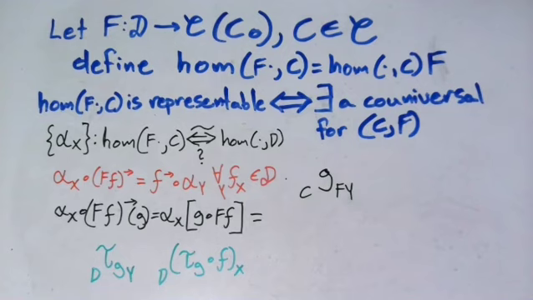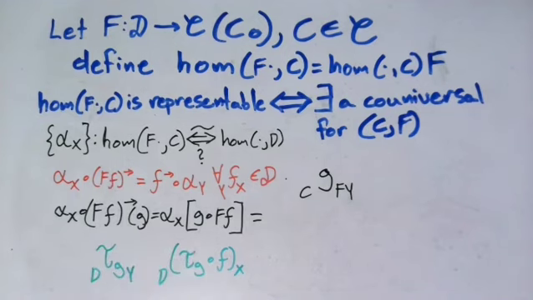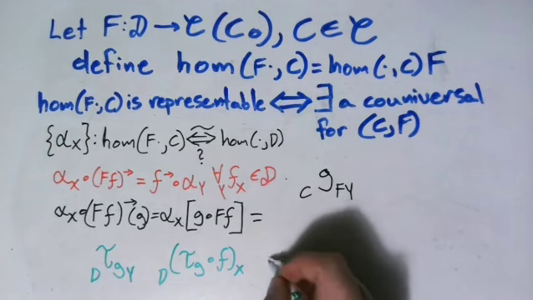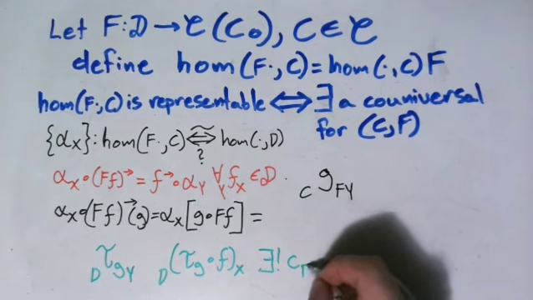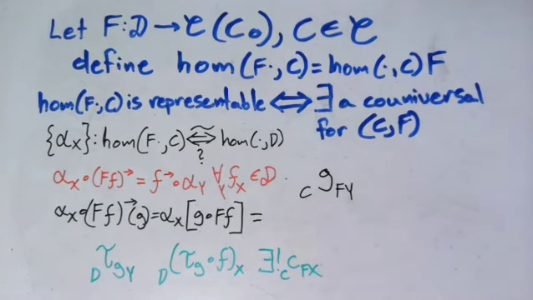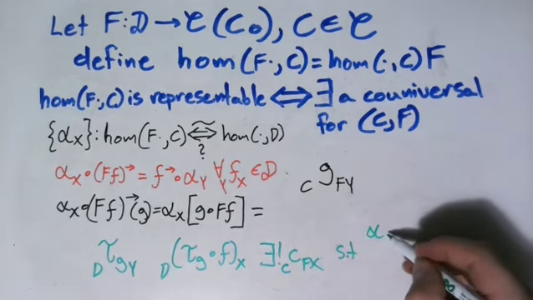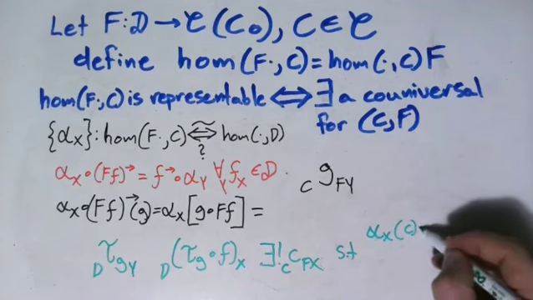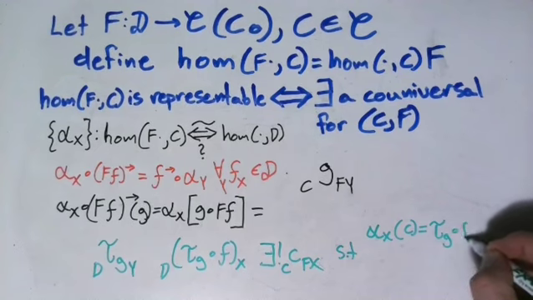And so if that's the case, then we have to have some element of hom(Fx, c) that maps to it, because these are all bijections. So if that's the case, then we have to have some c. There exists a unique c going from F of x to c in the category C, such that alpha x maps c into our value here, tau g after f.